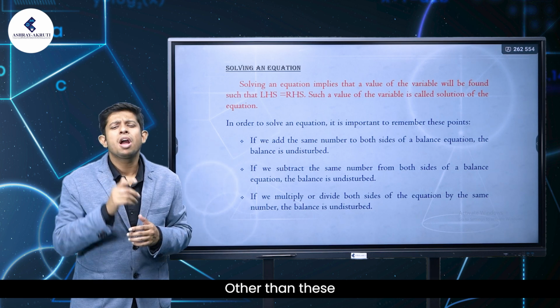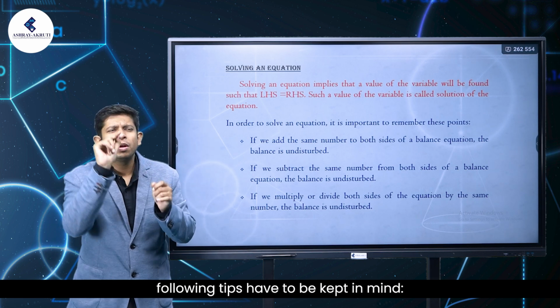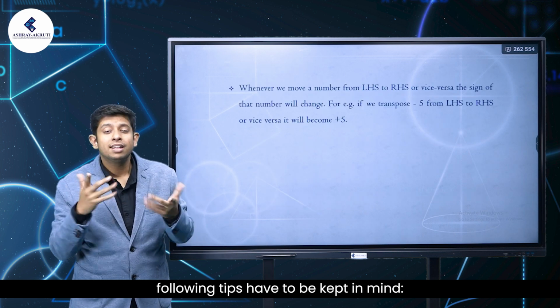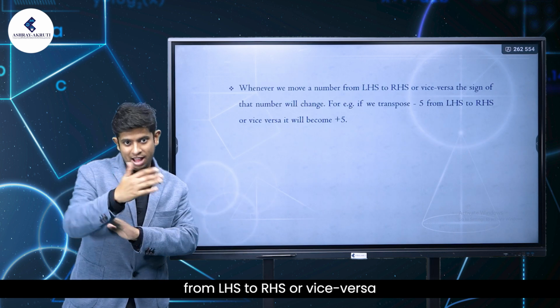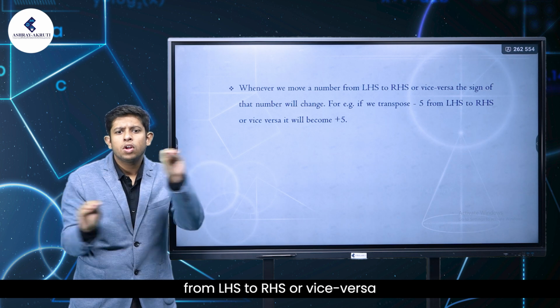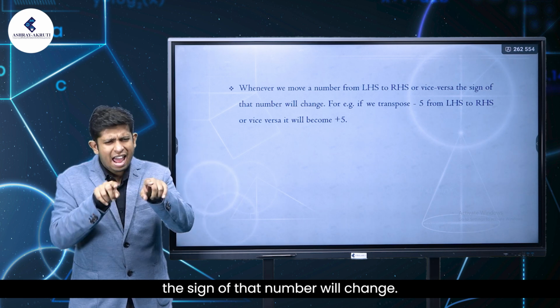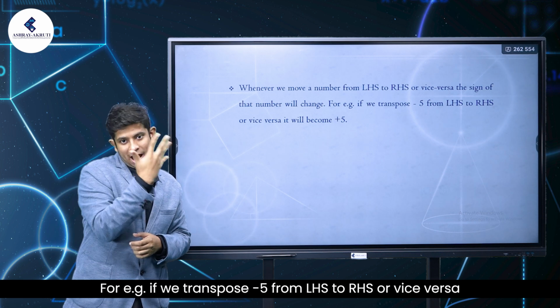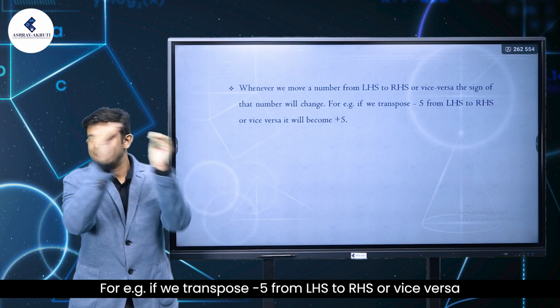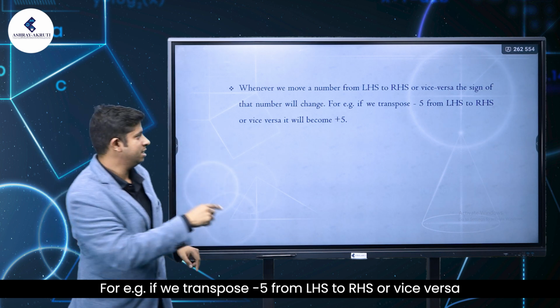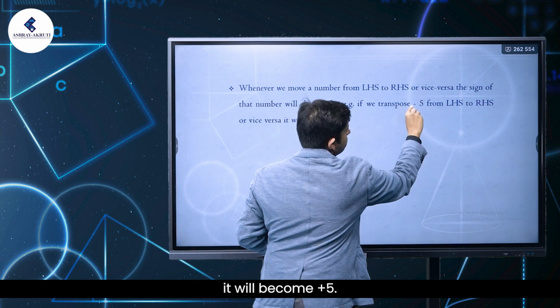Other than these, the following tips have to be kept in mind. Whenever we move a number from LHS to RHS or vice versa, the sign of that number will change. For example, if we transpose -5 from LHS to RHS or vice versa, it will become +5.